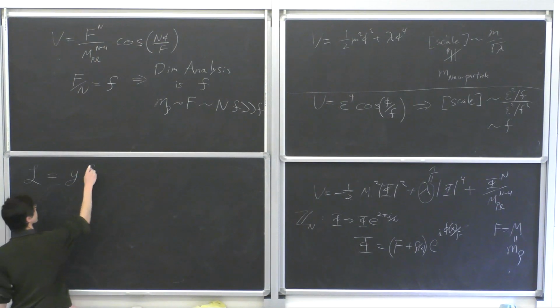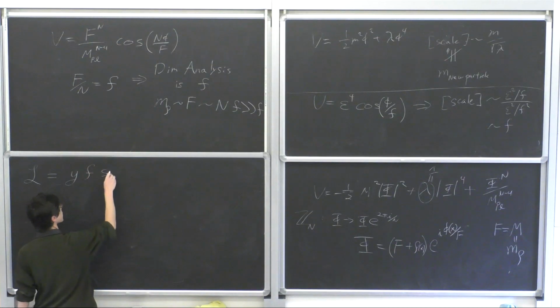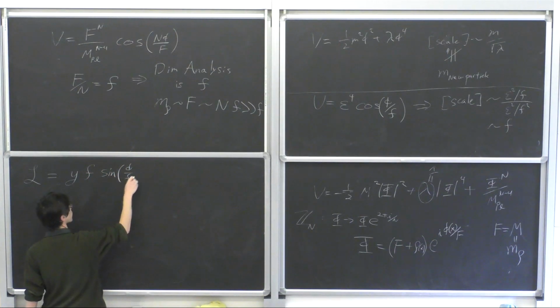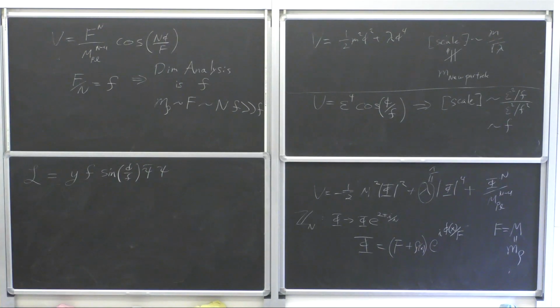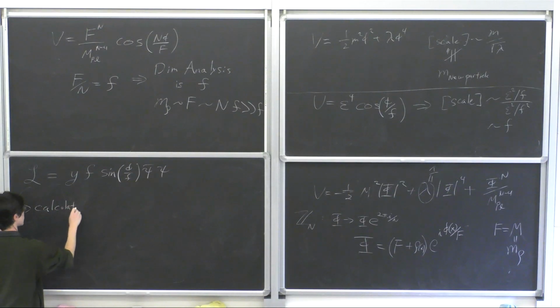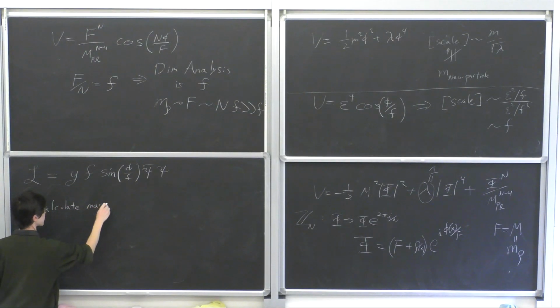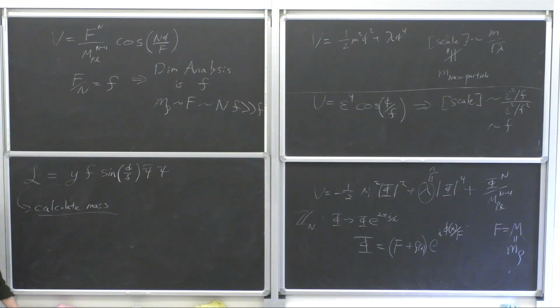So let's write sine phi over f psi bar psi. And what we're going to do is let's just calculate the mass for phi. Your first statement should be, well, I can only calculate the mass if this integral is finite, right?